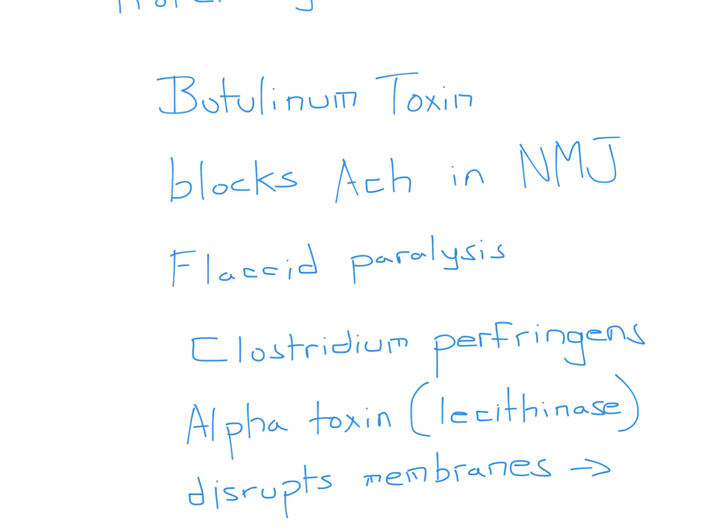And now just a quick note about flaccid paralysis. So flaccid paralysis is different from the paralysis we see in Clostridium tetani, or tetany, because in that case it's called spastic paralysis. So essentially the difference is that in flaccid paralysis, all the muscle groups are very relaxed, typically described as floppy.